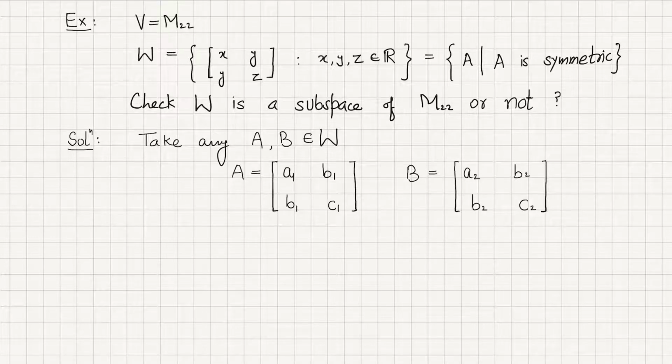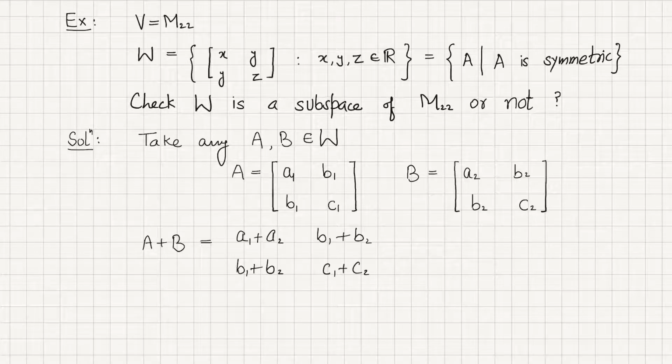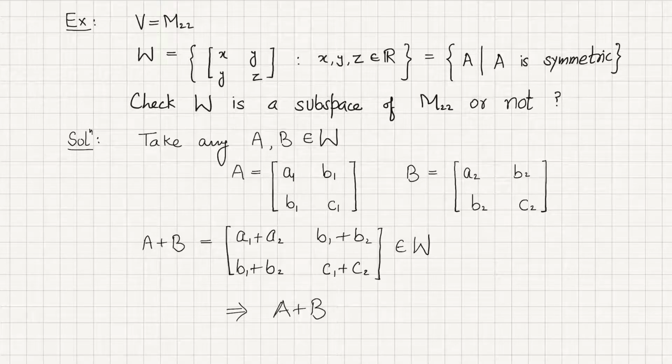Now if you take the addition, component wise, you can check that this matrix A plus B is again a symmetric matrix. So it is in W, which means W is closed with respect to addition.